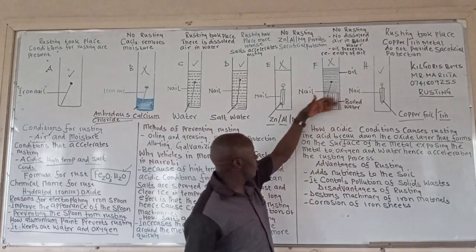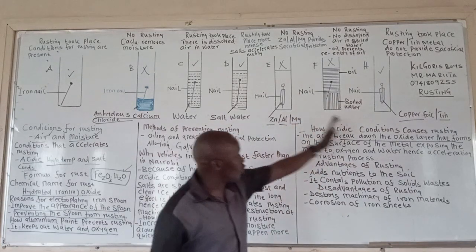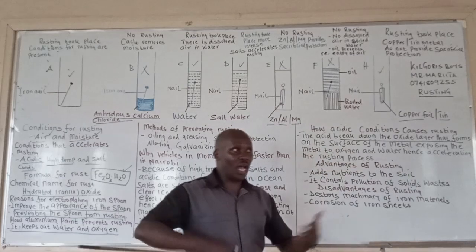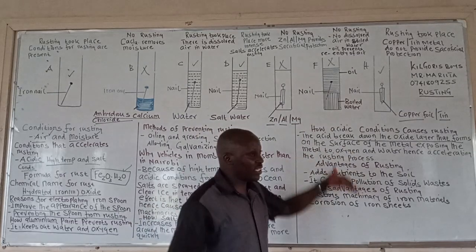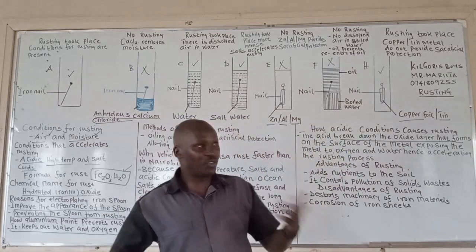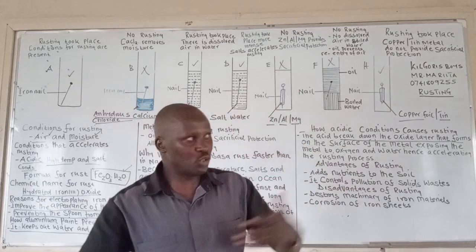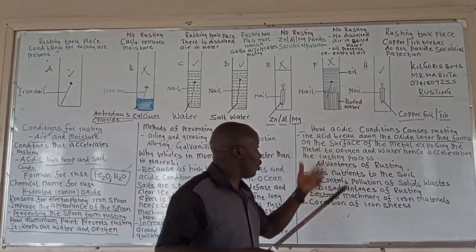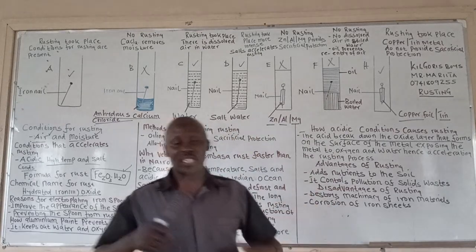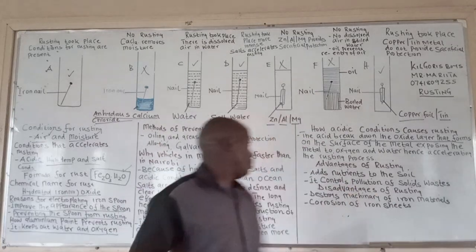So if you are required to explain how the acid causes rusting, it just breaks down the layer that forms the surface of the metal, and then it exposes it to oxygen. Once it is exposed to oxygen and water, that is when rusting takes place.